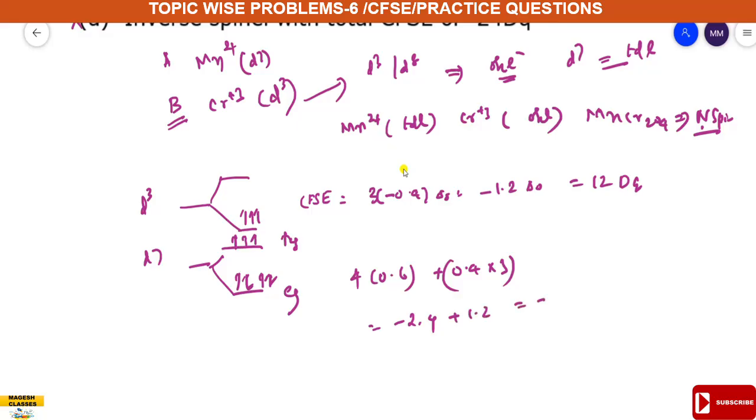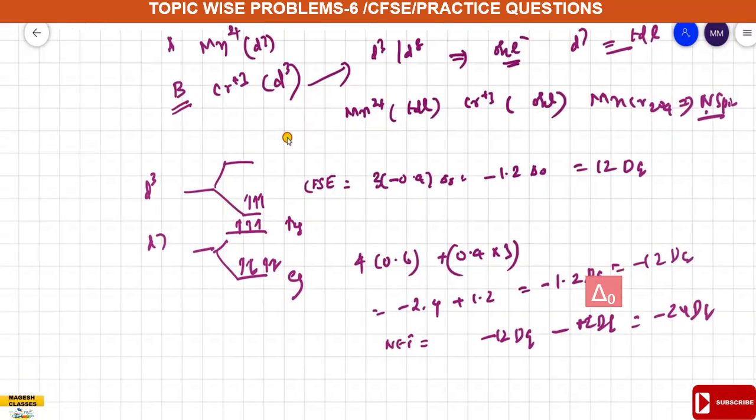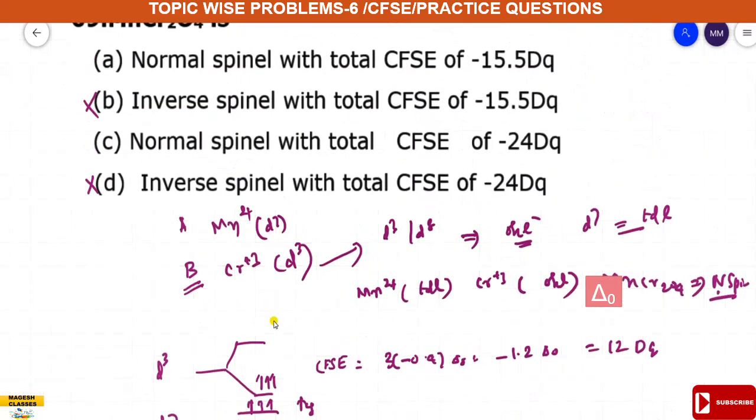This is equal to minus 12 Dq. Now the net CFSE: in the first case minus 12 Dq, here minus 12 Dq. So total minus 24 Dq. Okay, this is the CFSE value. So your answer is normal spinel with a total CFSE of minus 24 Dq.